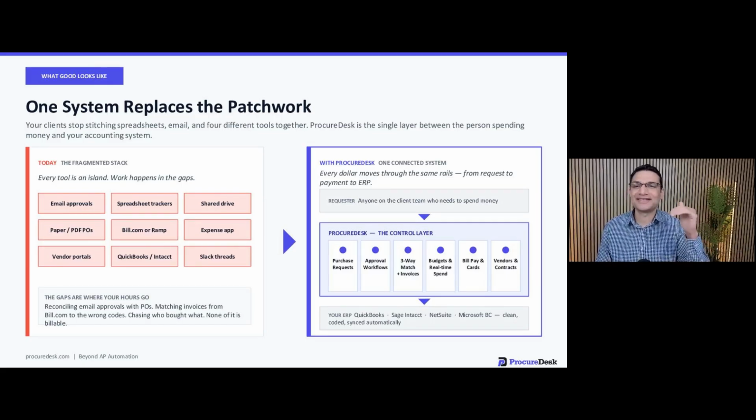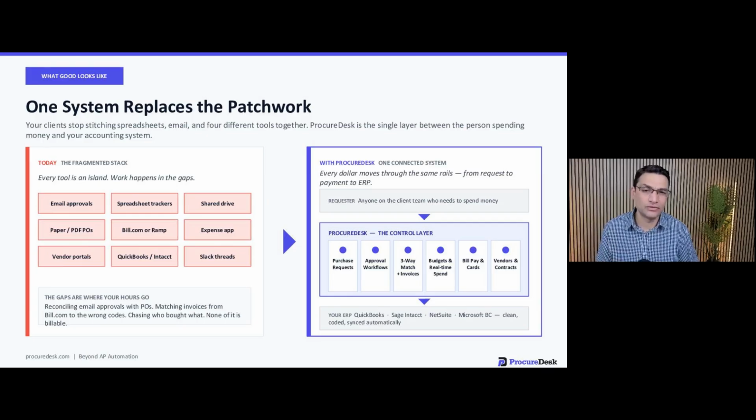I've seen very organized structures, like you have draft, pending approval, approved, created in ERP, and so on, right? You have paper or PDF purchase orders, bill.com or Ramp for bill payment, an expense app for tracking credit card expenses, vendor portals for receiving invoices, QuickBooks, Intacct, whatever ERP accounting system they're using, or Slack threads, right? There are different systems that you're using today.